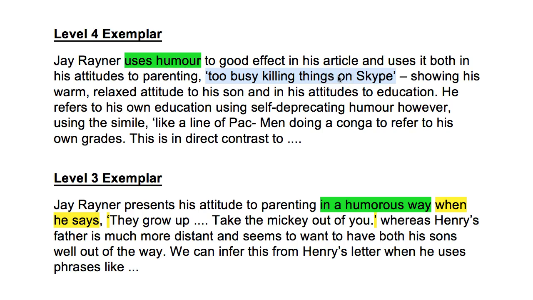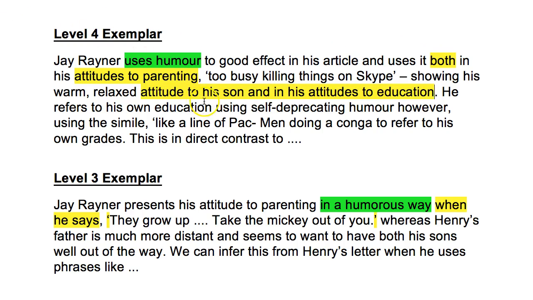But what makes it more judicious than that one? You know, they're the same length, they're both about humour. What makes it judicious? Well, here's the answer. The word "both". The word "both" tells us that this one quotation can give the candidate an opportunity to say two things about it. So he's going to be able to write about the attitudes to parenting and the relaxed attitude he has not just to his son but to the education of his son.